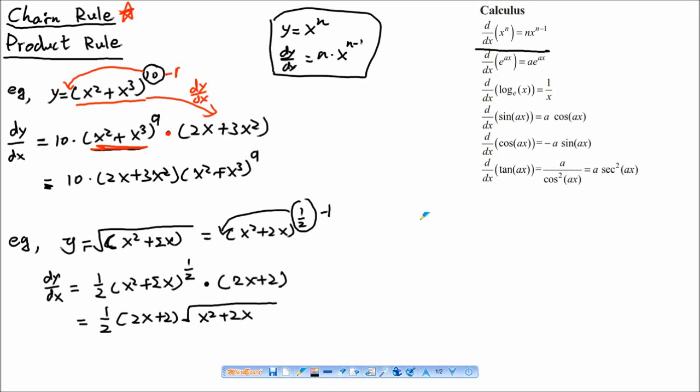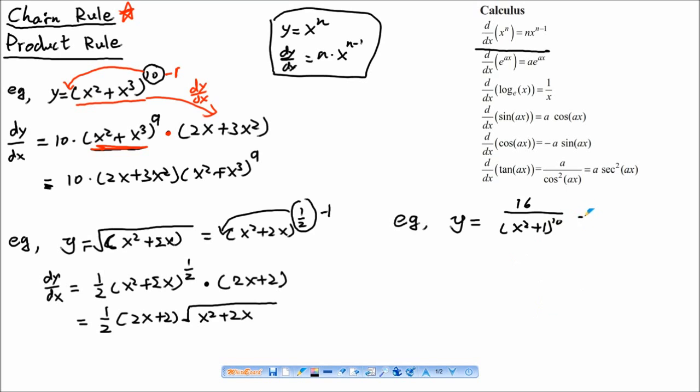Now let me do one more example. Say if I have a question y equals 16 on bracket x squared plus 1, power of 10.